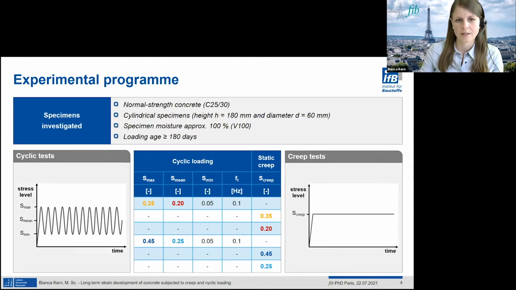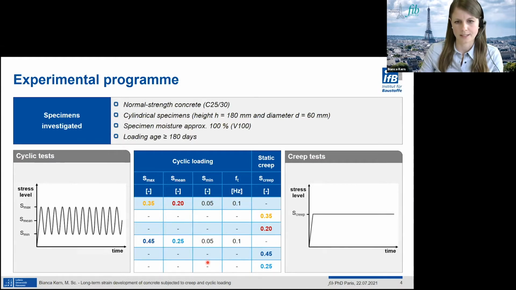The specimens were tested in a sealed state to prevent drying shrinkage and creep. The test program is given in the table here in the middle. The compressive strength of the concrete was determined force-controlled immediately before testing using 3 cylindrical specimens of the same batch with the same dimensions and moistures as those used in the creep and cyclic loading test.